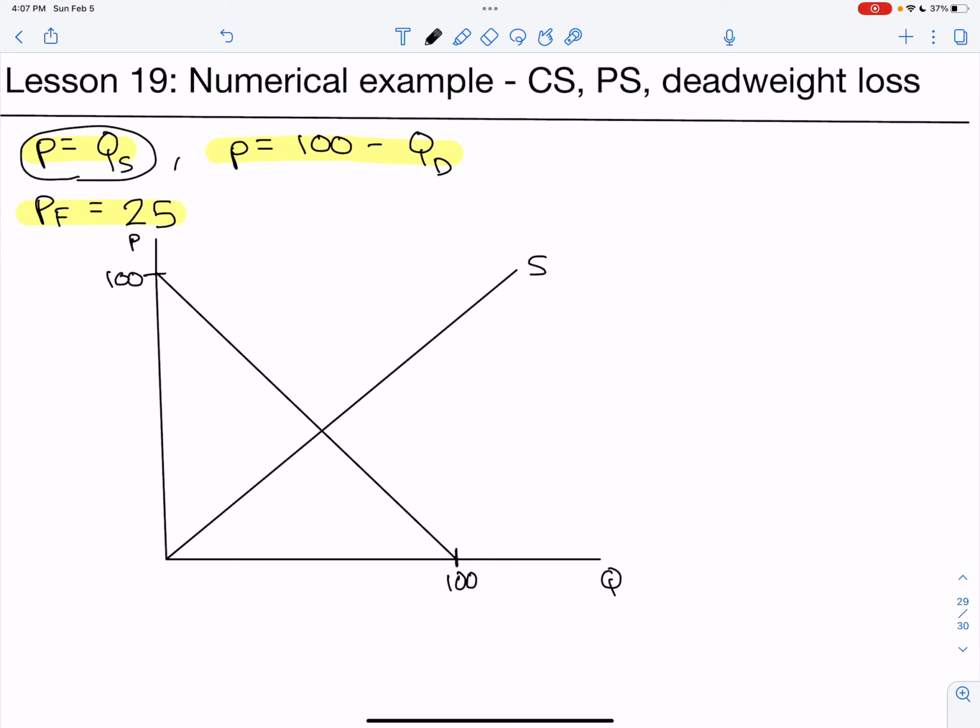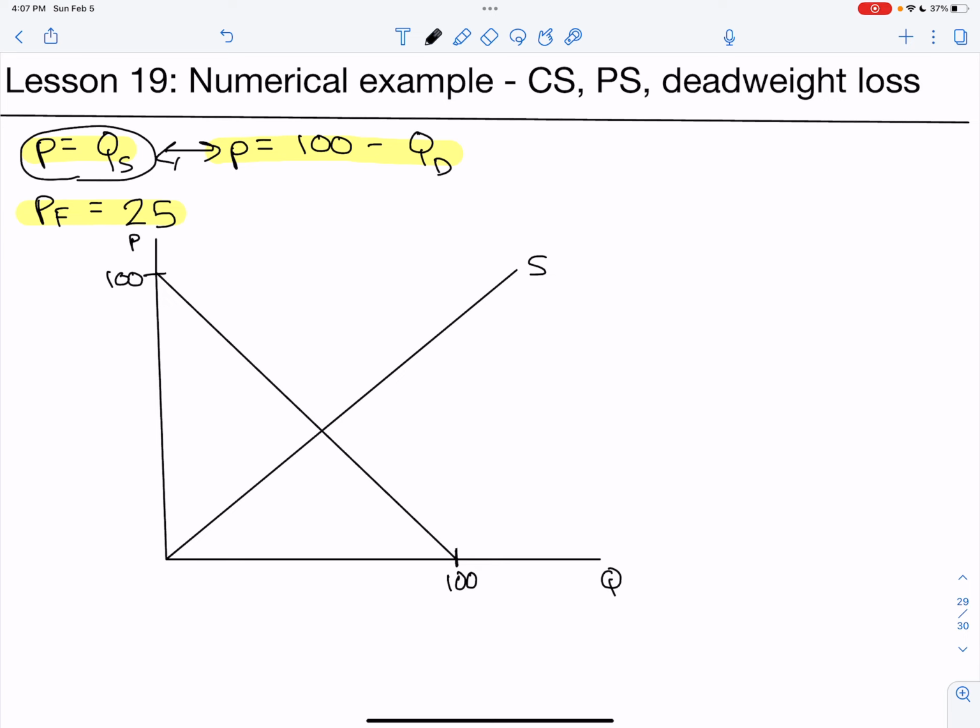So the first thing to do is find the equilibrium point. In this video, we're going to find the consumer surplus and the producer surplus before the imposition of the price floor and after. So let's start with before. Let's find the equilibrium point to begin with. How do we do that? We just set these two equations equal to one another, recognizing that at equilibrium, QS is equal to QD.